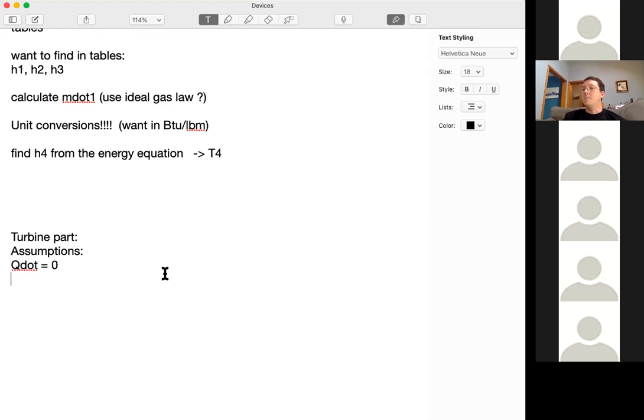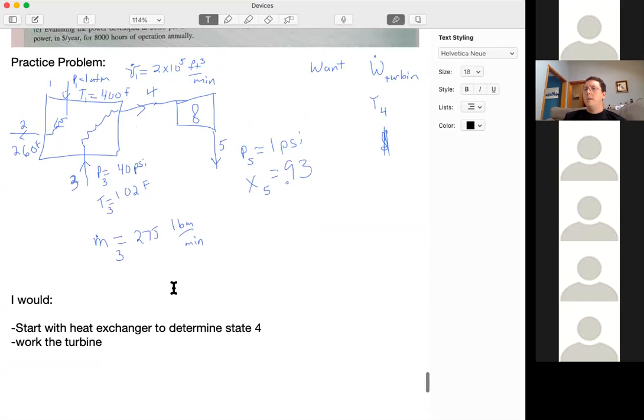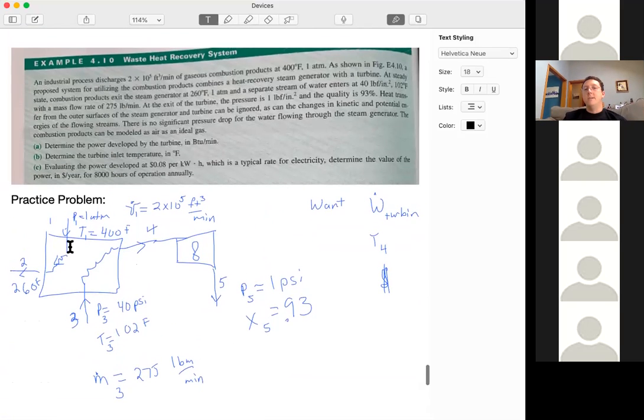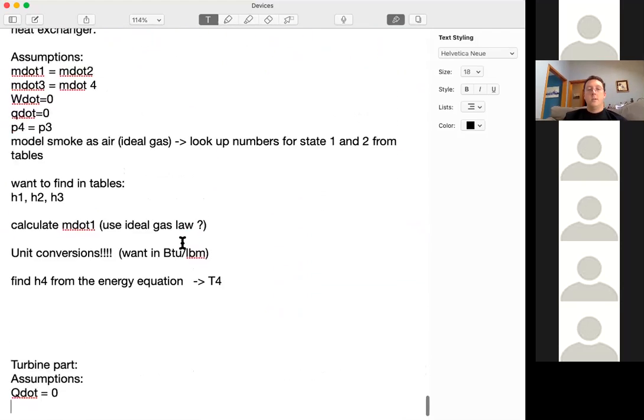We don't have a way to even estimate it if we wanted to. Is there work for a turbine? There's a propeller there, so yeah. If you read the problem, they want you to boil the water to turn a turbine. So you're trying to produce electrical energy, so we want to produce power. So there will be work.